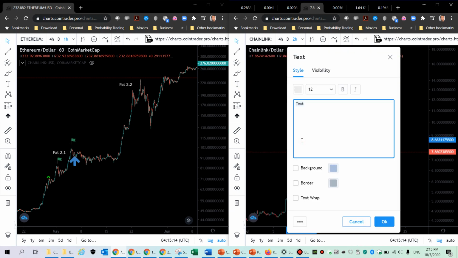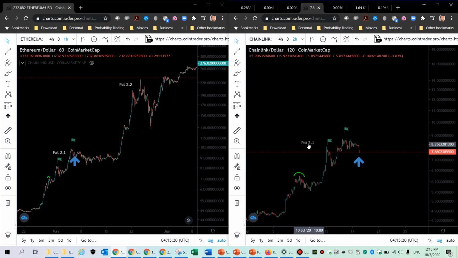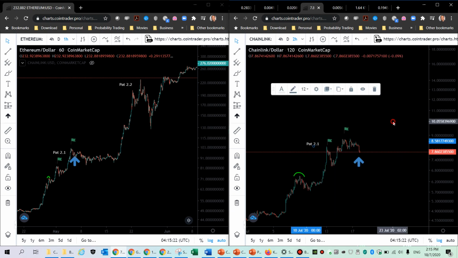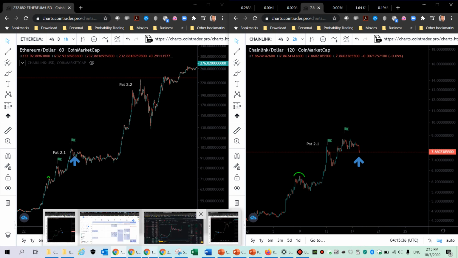So this will be pattern 2.1. So there you go. That's what Chainlink will be doing, I think. I would prefer to move my money out as soon as possible. Hopefully, in the next 6 hours, Chainlink comes back up, and let's see.